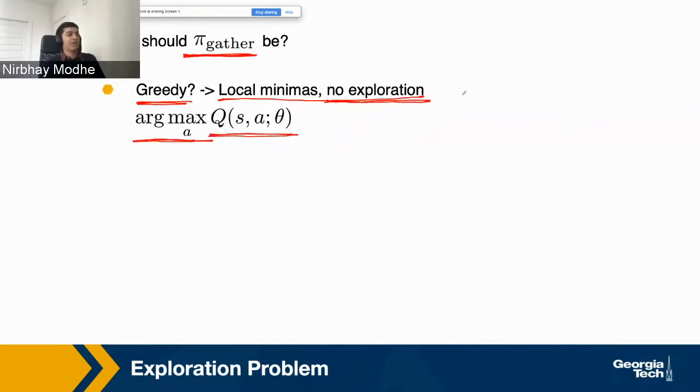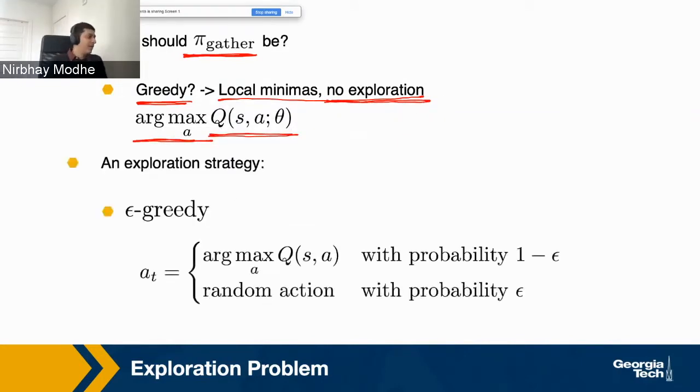So what people have been using, and a very popular approach right now, is called epsilon greedy exploration. What it means is that given a Q function which you're currently learning in your algorithm, with some epsilon probability, you're not going to follow that argmax. You're going to choose a random action with some epsilon probability, and otherwise you're just going to stick to your best guess, the argmax action with the Q function you have learned.